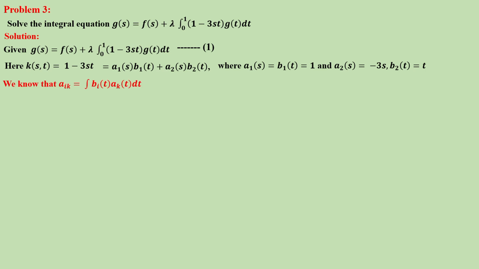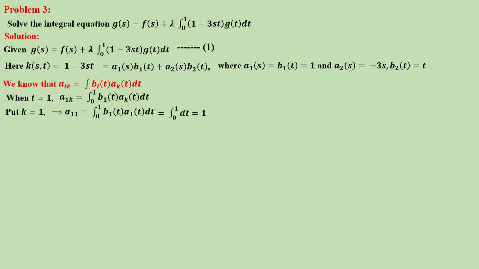We know that a_ik = integral of b_i(t) a_k(t) dt. Put i = 1, so a_1k = integral from 0 to 1 of b1(t) a_k(t) dt. When k = 1, a11 = integral from 0 to 1 of b1(t) a1(t) dt. Substituting the values, you get 1 into 1, so integral dt is equal to t, upper limit 1, lower limit 0, so you will get 1. Therefore a11 = 1.